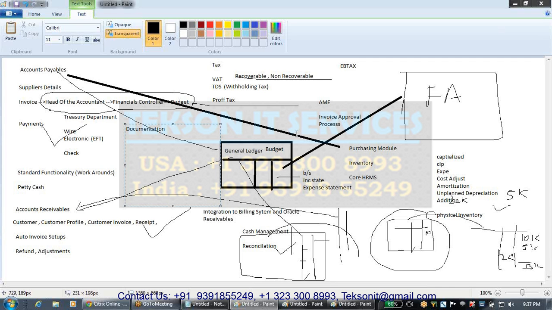They have lots of departments, like the payroll department, billing department, and the purchasing department. They can't implement Oracle ERP for every department completely. They don't have the money to implement a complete ERP. In the first phase, they will go with Oracle Financials.